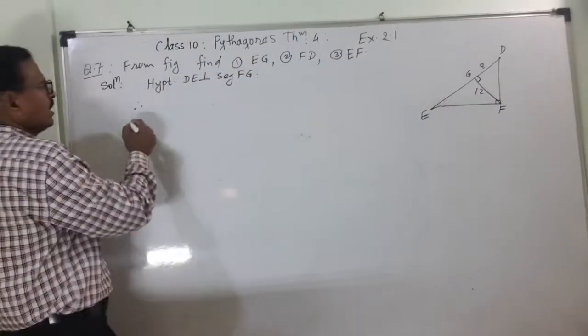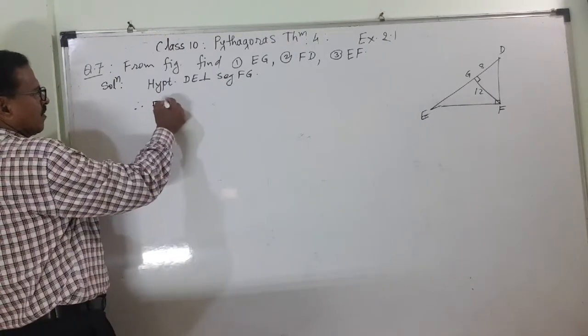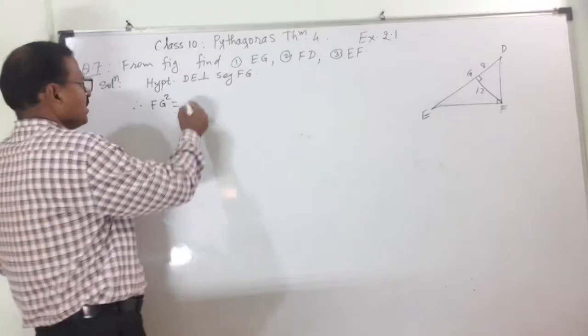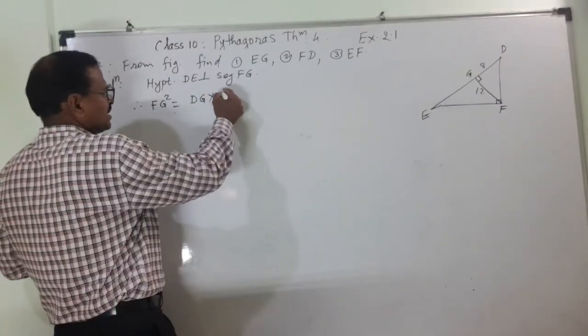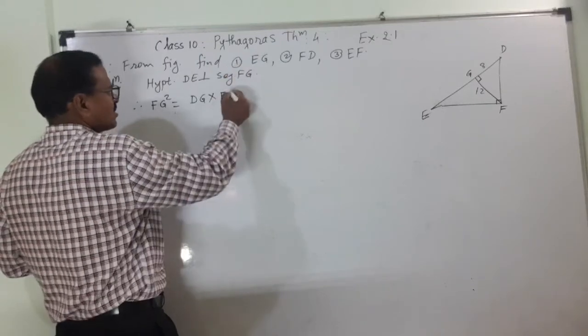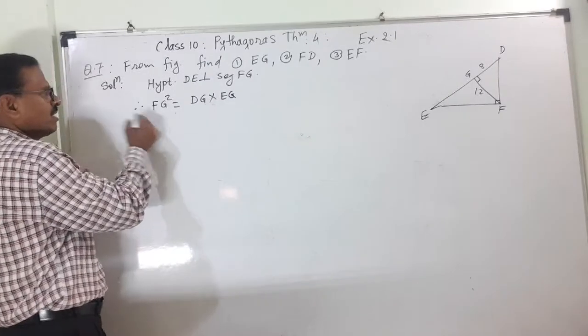So FG square is equal to DG into EG. They have taken the name EG, so I will also take the name EG. Therefore, now put the values.